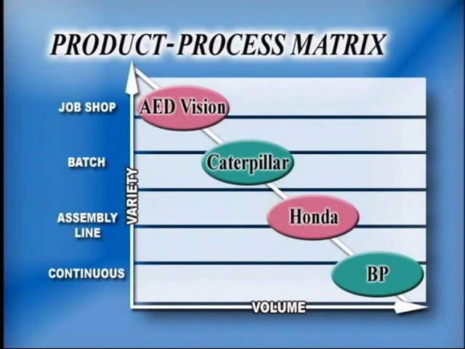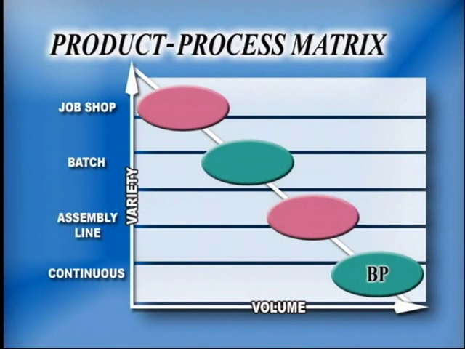Highly skilled workers using general-purpose tools to produce a small volume of very specialized products is typical of the job shop production processes. The product process matrix illustrates the general rules of manufacturing or production processes.